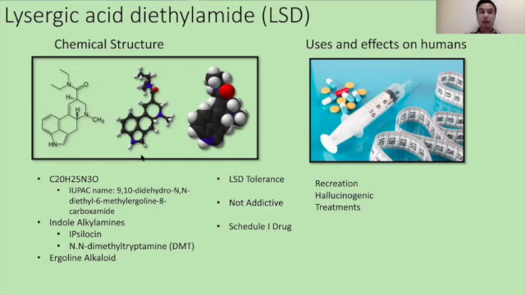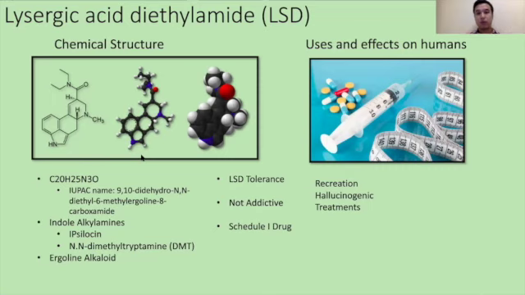The lysergide belongs to a family of indole alkylamines that includes numerous substituted tryptamines, such as psilocin, which is found in magic mushrooms, as well as N,N-dimethyltryptamine, or by its common street name, DMT. And these are two other hallucinogenic drugs that are fairly popular amongst the hallucinogenic drug category, along with LSD.